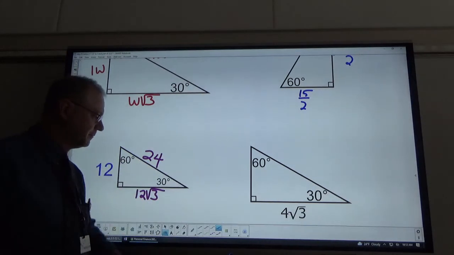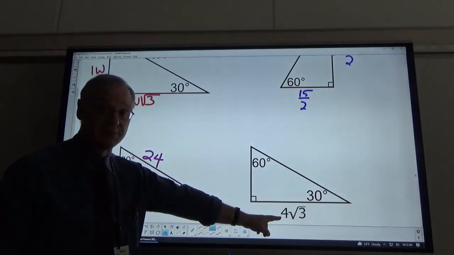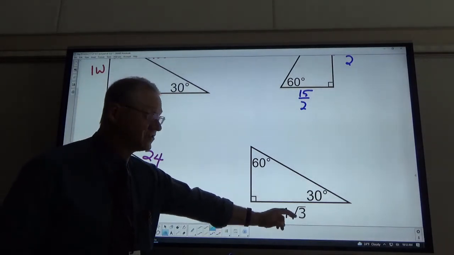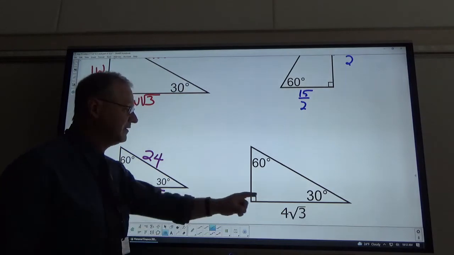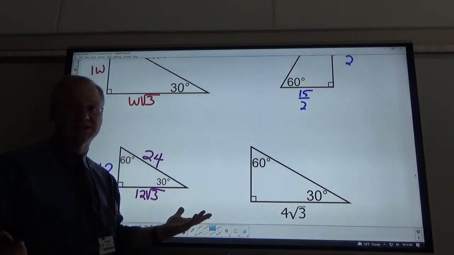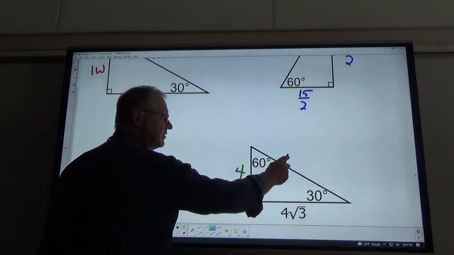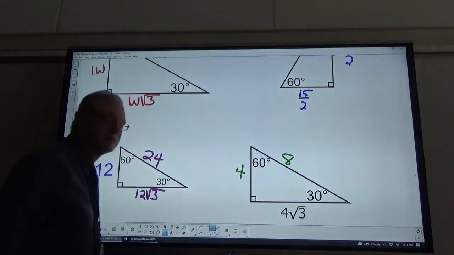Over here, we're given that this side, which is the w square root of 3 side, is 4 square root of 3. Well, if 4 square root of 3 is w square root of 3, well, 4 has to be w. So the w side is 4, and 2w would be 8.